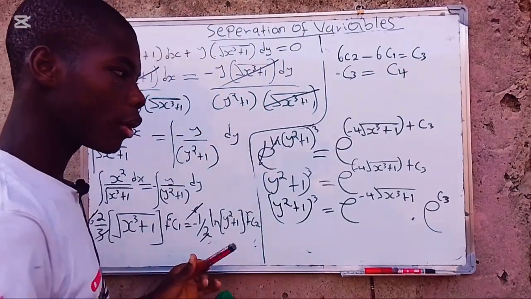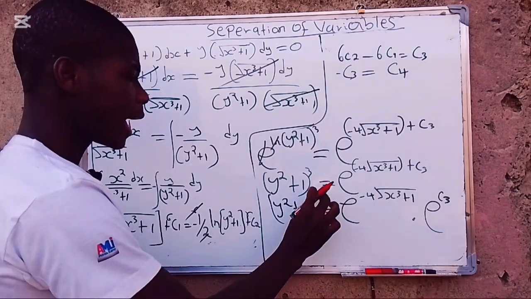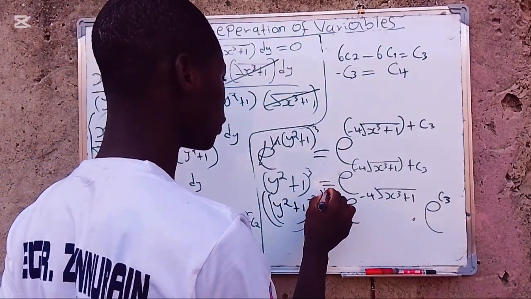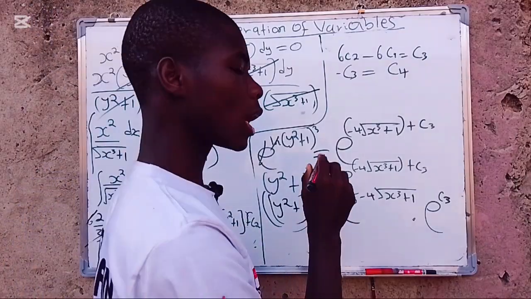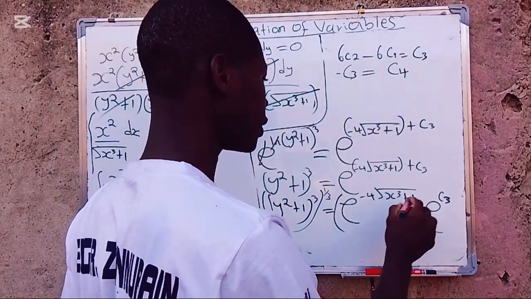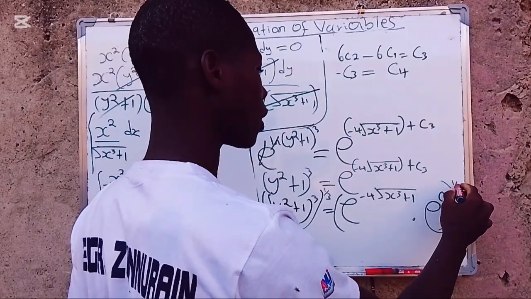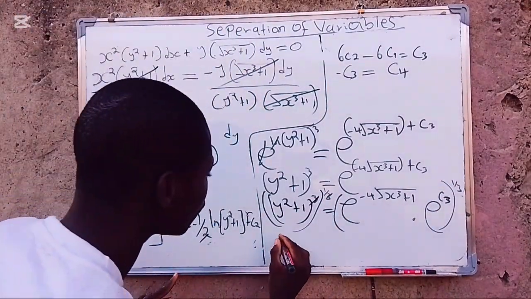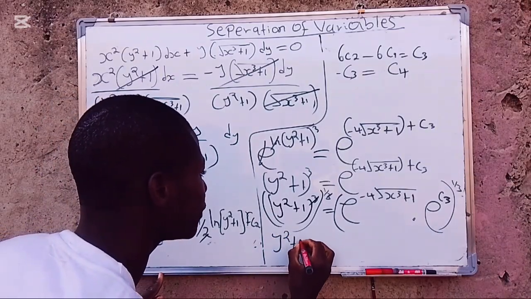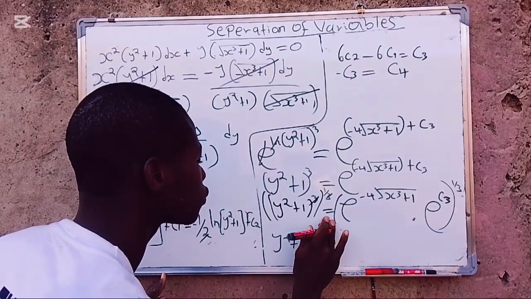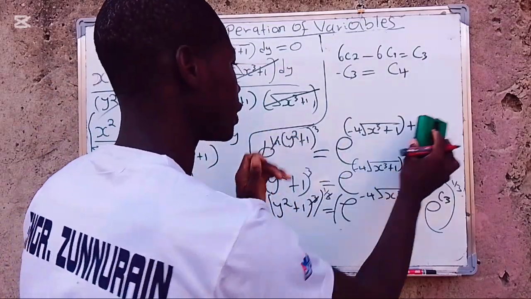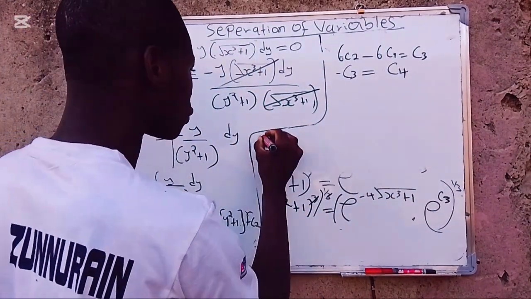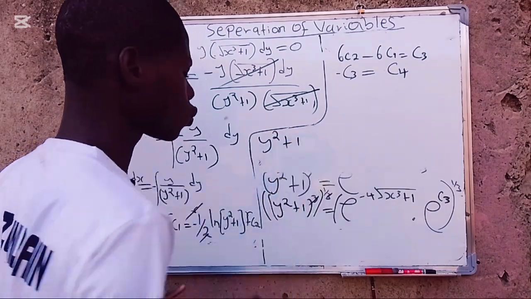So the next thing that I'm going to do is, don't forget I have this cube. So I have to multiply both sides by the power of 1 over 3, because this 3 will cancel this 3. So this shall now be equal to y squared plus 1.